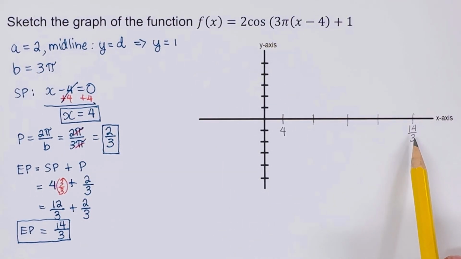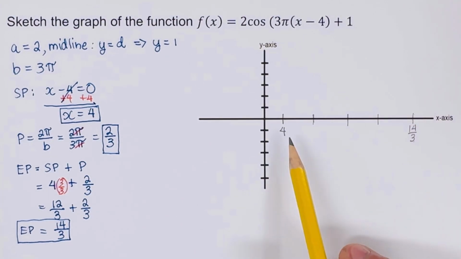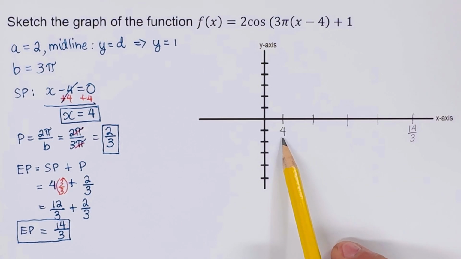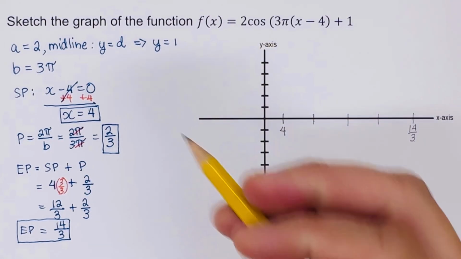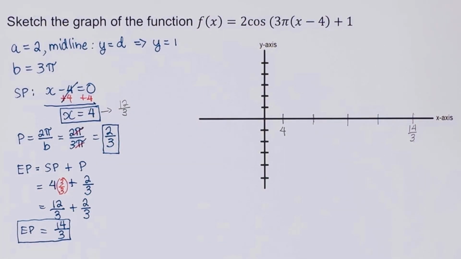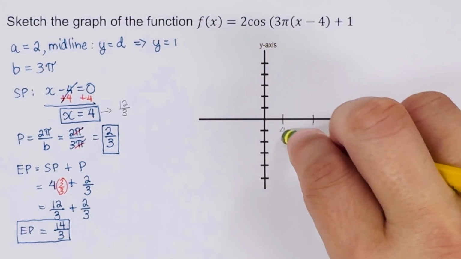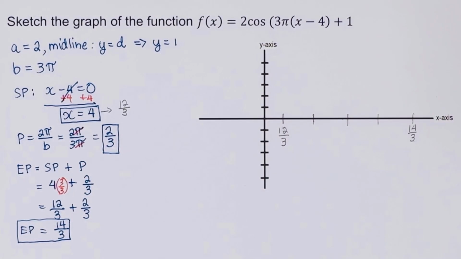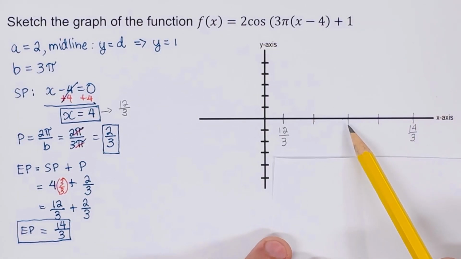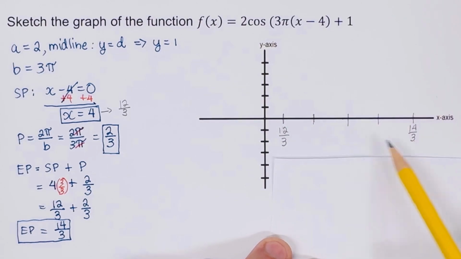If we have them in the same denominator, then that would be easier to do. So this 4 can be written as 12 over 3, because 12 over 3 is 4. So I'm going to change this to 12 over 3. The next thing that we need to do is to determine the value for this. We can do this if we add these two and multiply by 1/2.